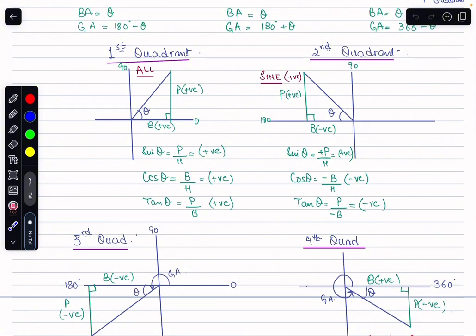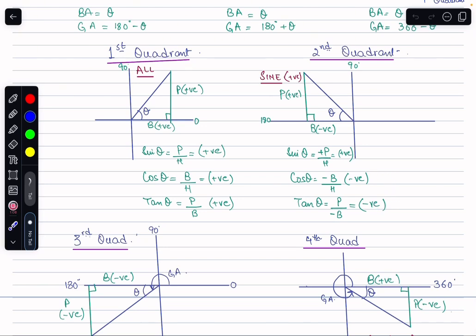Therefore, if I get the ratios for sine, cosine, and tangent, then what I see here is that my sine theta is perpendicular over hypotenuse, positive value. Cosine theta is base over hypotenuse. Base is negative, therefore the cosine will have a negative sign. Tangent theta is perpendicular over base, perpendicular positive, base negative, therefore tangent theta shall have a negative sign here.